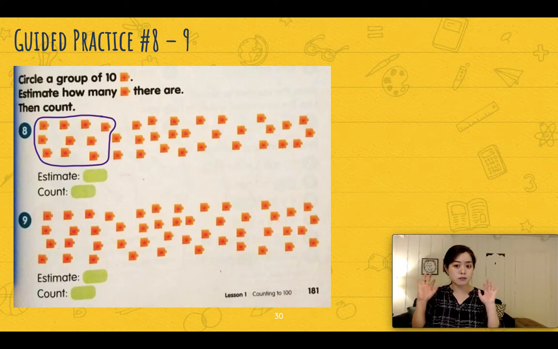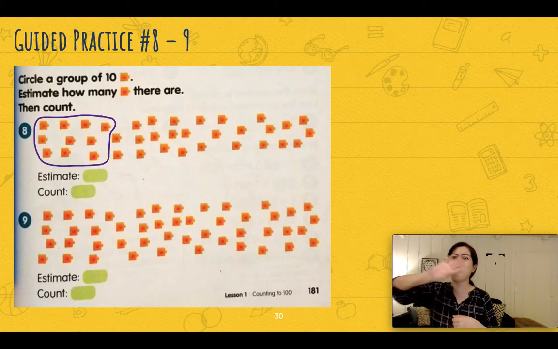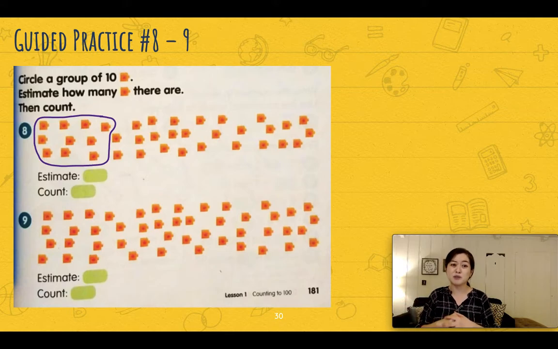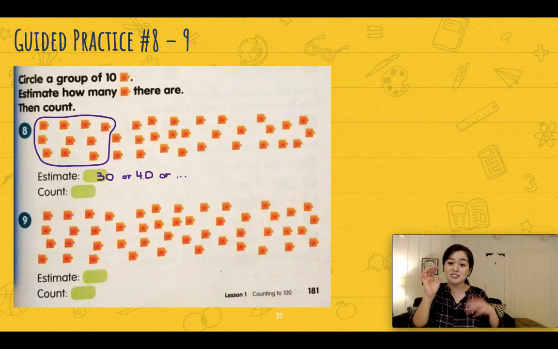And if you're close enough to the actual answer, then that's okay. But if you're far off, for example, and you said, I'm going to guess there are 1,000 linking cubes, then that would not be a good estimation, would it? So maybe you wrote 30 or 40, okay, as long as it's close to the actual.